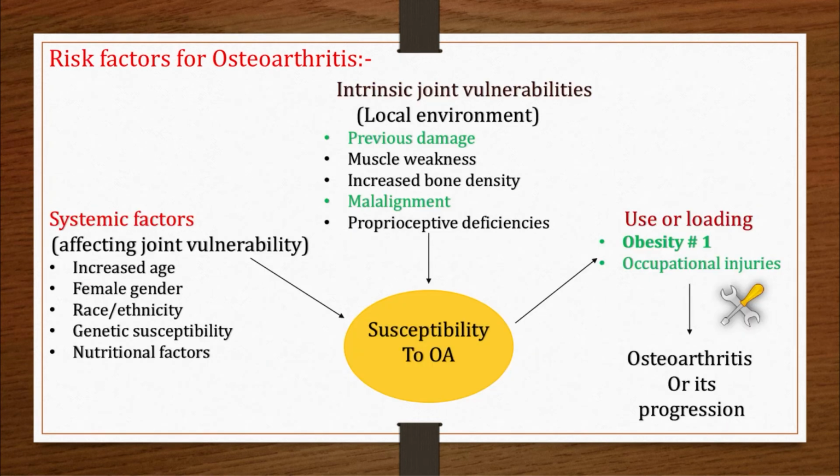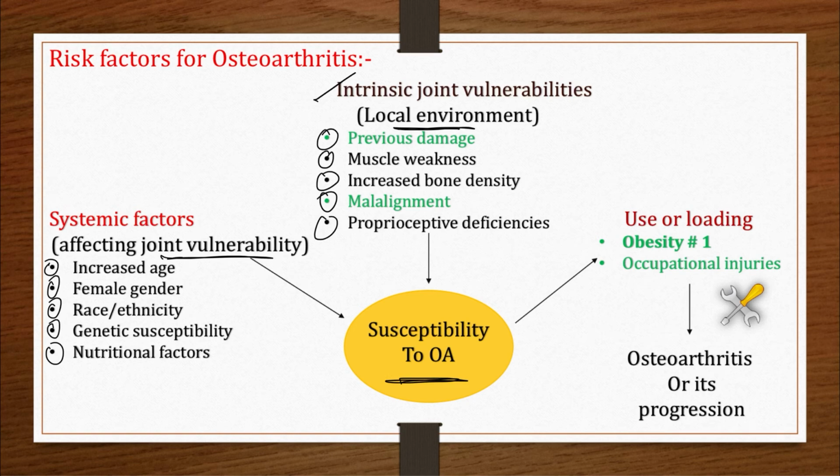Now let's talk about the risk factors for osteoarthritis. These are intrinsic joint vulnerabilities that affect the local environment of the joint, such as previous damage, muscle weakness, increased bone density, malalignment and proprioceptive deficiencies. Also the systemic factors that affect joint vulnerabilities, such as increased age, female gender, some race and ethnicity, genetic susceptibility and nutritional factors. Put together, these two increase the susceptibility to develop osteoarthritis.